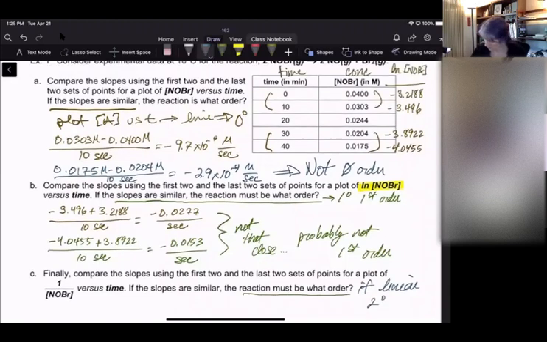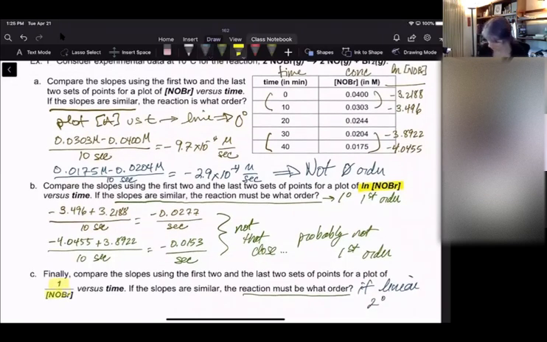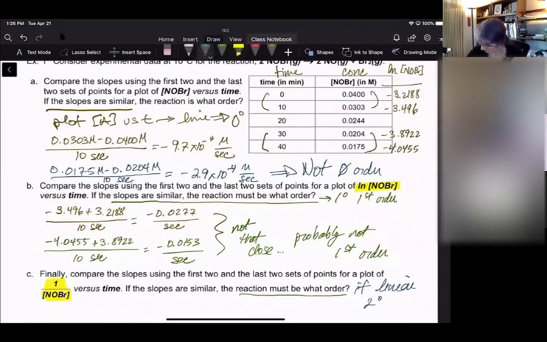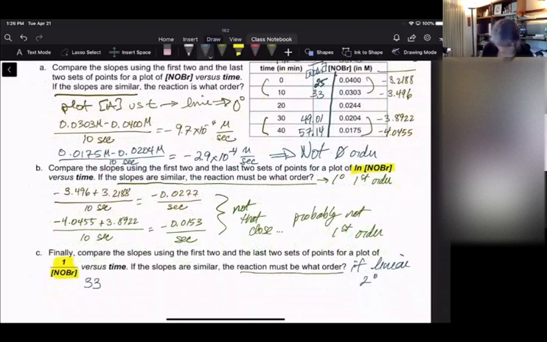So I'll make a little column up here, and we're going to plot 1 over concentration versus time. Maybe I'll put it right in the middle. And then that is 1 over molarity.